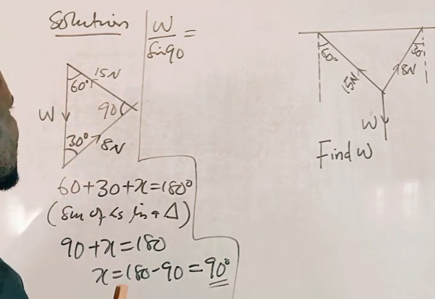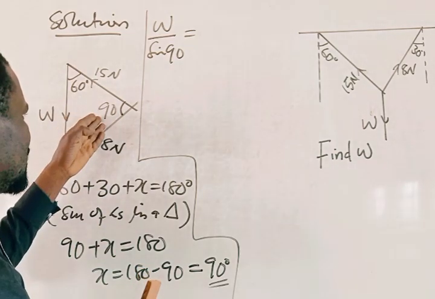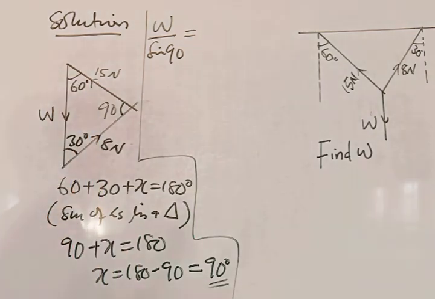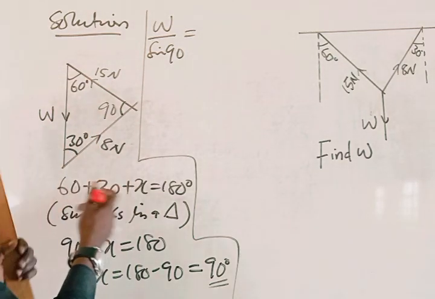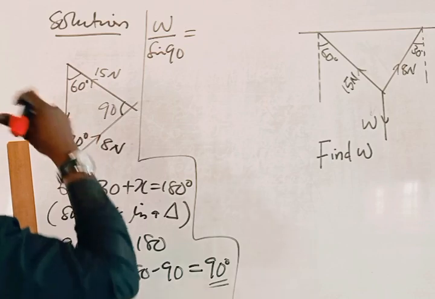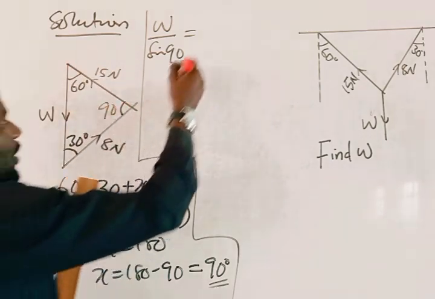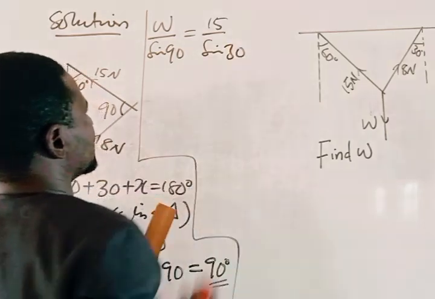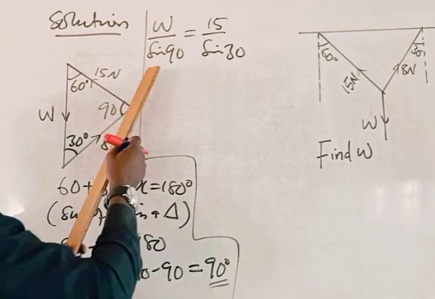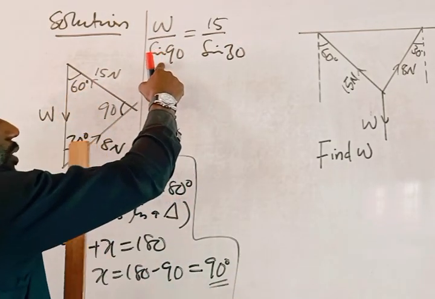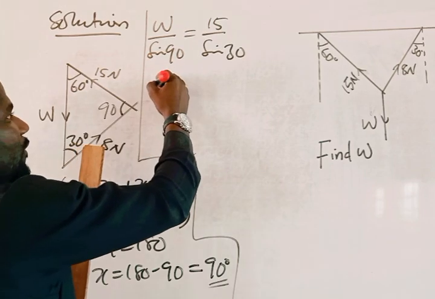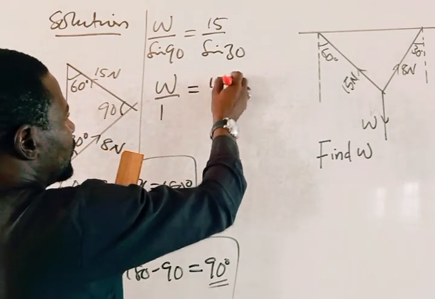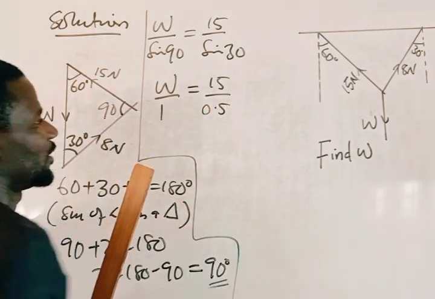We use any of these, or if we cannot use this, then we use the cosine rule to find the value of W. So if we use this, then 15 over sine 30. Now we can evaluate this. Sine 90 is 1, so we have W over 1 equals 15 over 0.5.